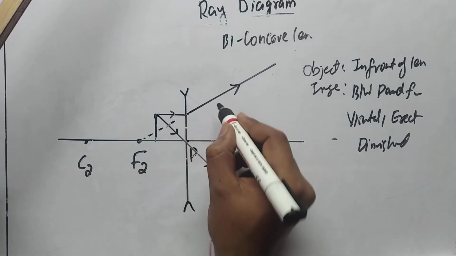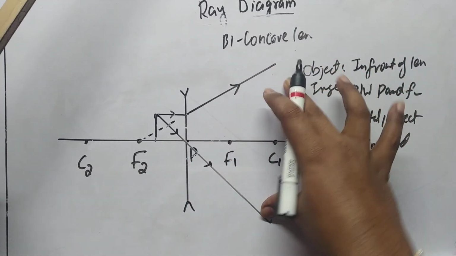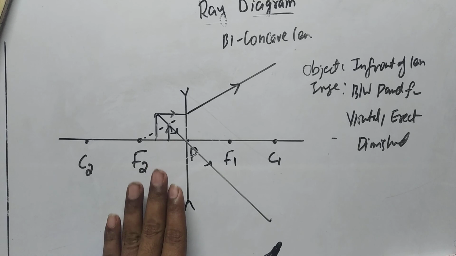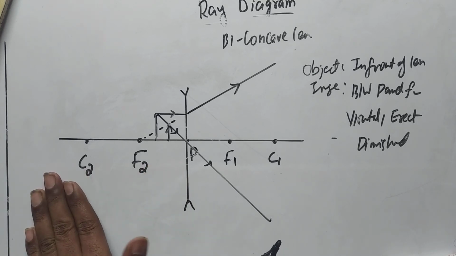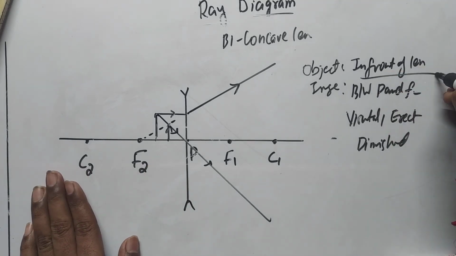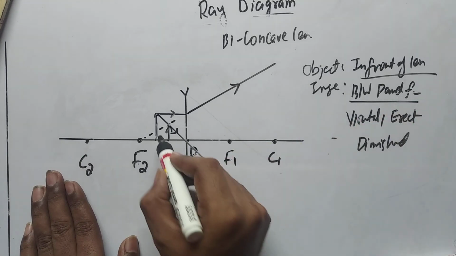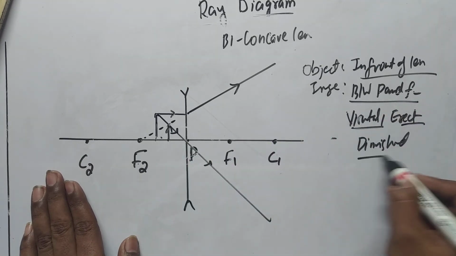We have seen that both the rays do not intersect at this point. So whenever you place an object in front of the biconcave lens, we get the image in between focal point and optic center. The image will always be virtual, erect and diminished.